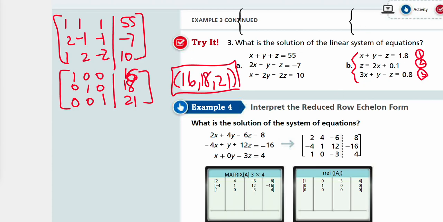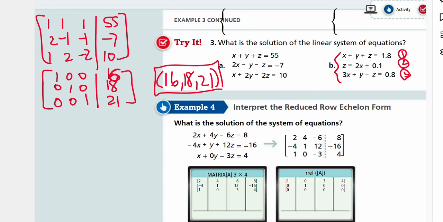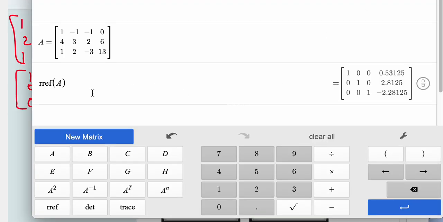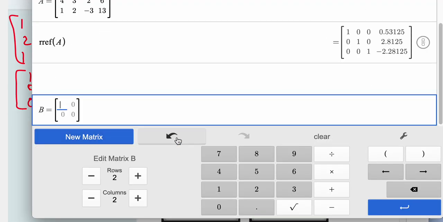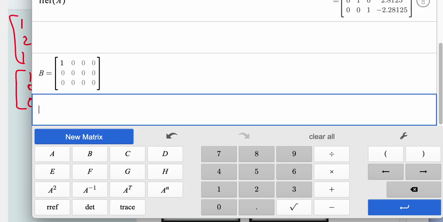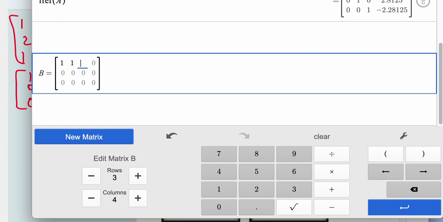In your technology, you should be able to type in new matrix, make sure your row is 3 and column is 4, and then you can just type it in. 1, 1, 1, 55.